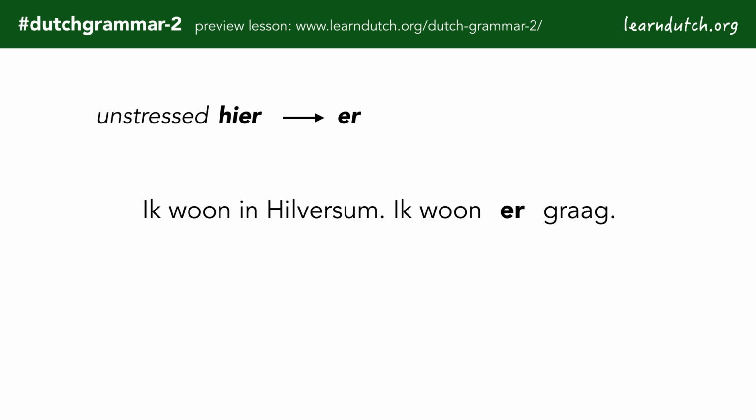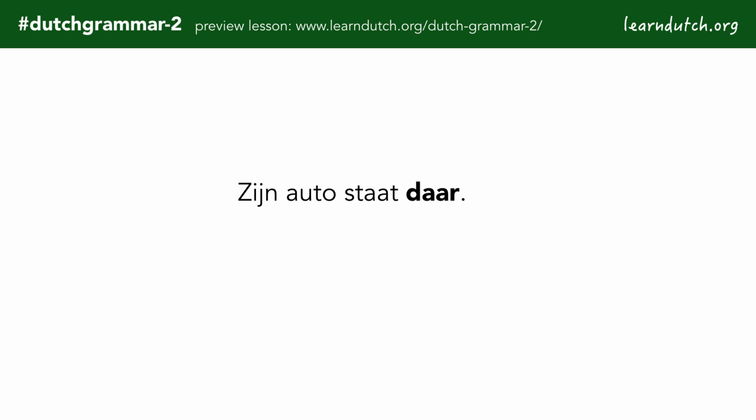It's good to mention that the words hier and daar are not stressed only when they are at the beginning of the sentence. Listen carefully. Zijn auto staat daar. His car is over there. Haar sleutels liggen hier. Her keys are here. Hier and daar are not the first words of the sentence, but now think about your finger when you pronounce these sentences.